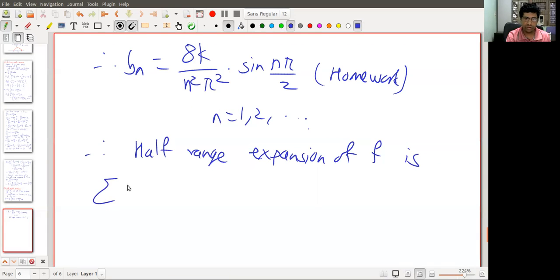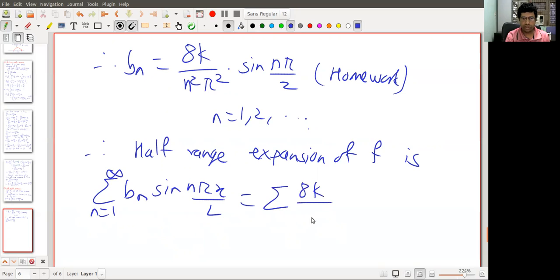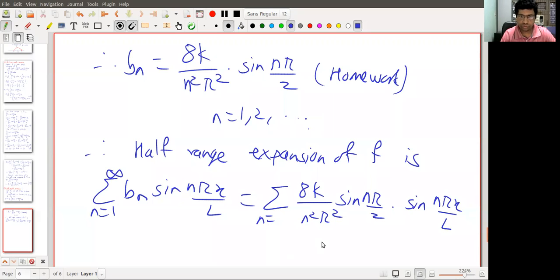It is given by summation bn sine n pi x by L, n from 1 to infinity, and that is summation 8k by n square pi square sine n pi by 2 multiplied by sine n pi x by L, n from 1 to infinity. Okay, thank you.